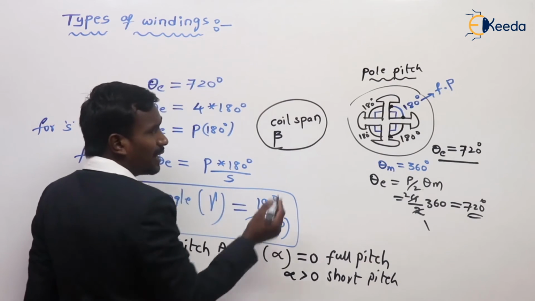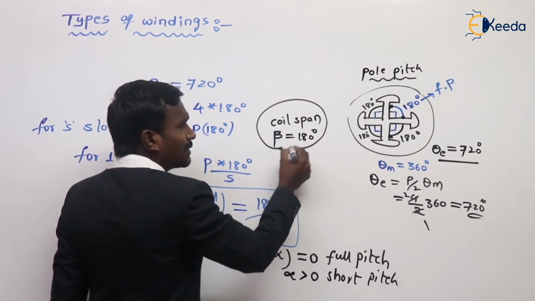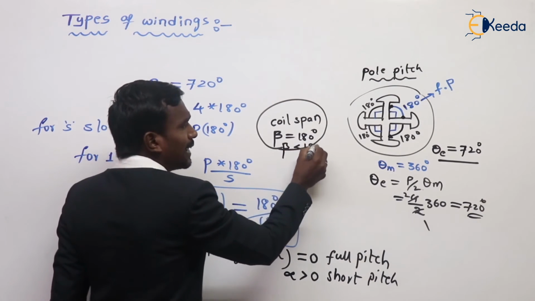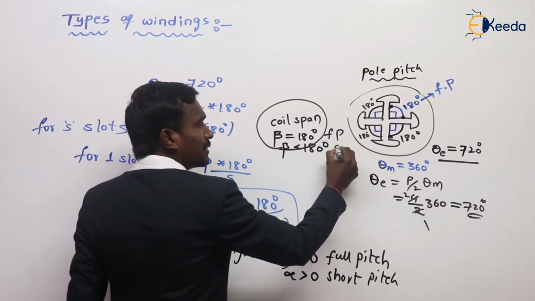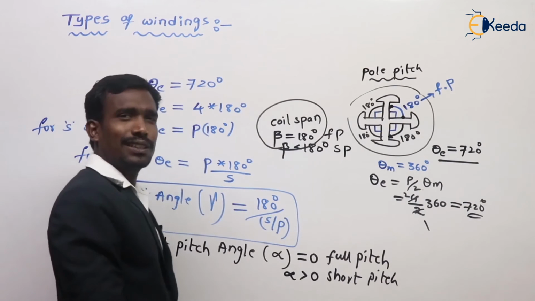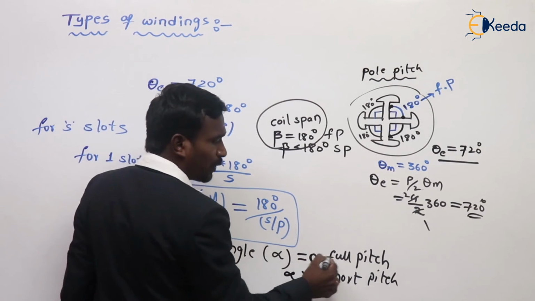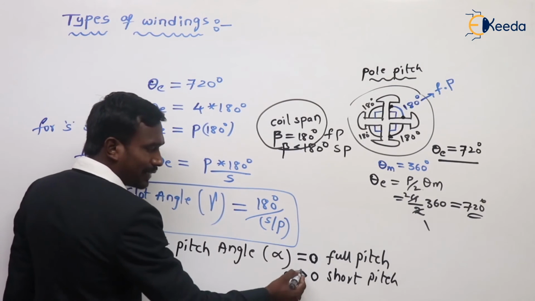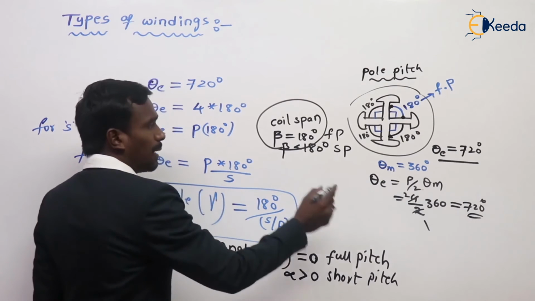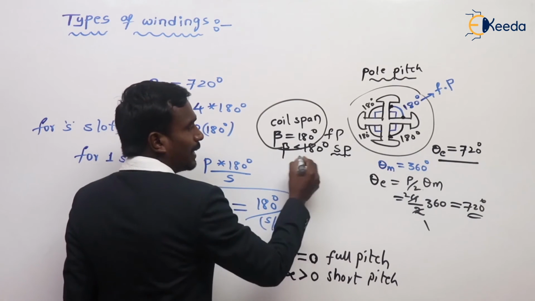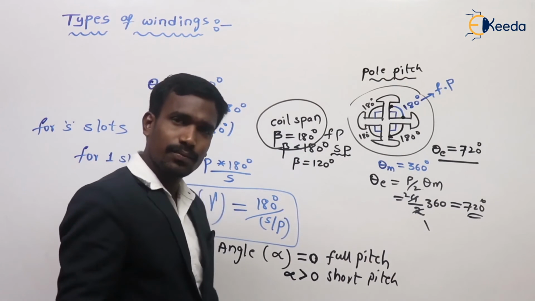But see here, for coil span, full pitch is 180 degrees, short pitch is less than 180 degrees. And short pitch angle is 0 for full pitch and greater than 0 for short pitch. For example, for short pitch winding, my beta is equal to 120 degrees.